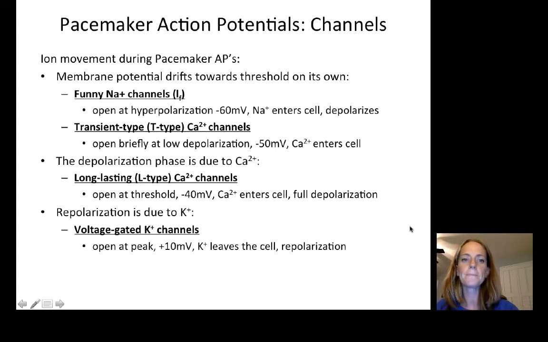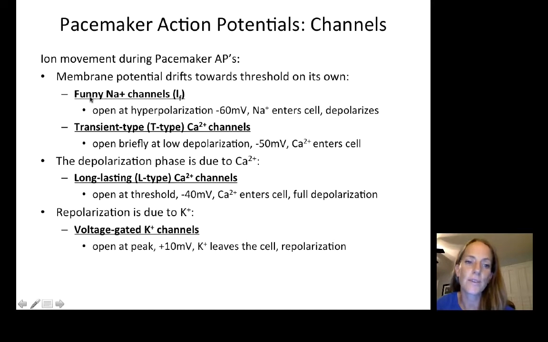Okay? So here's why. The ion movement during the pacemaker action potentials is unique. The intrinsic conduction system cells, like the cells within the SA node, have something called funny channels. Funny meaning that they're unusual or strange.